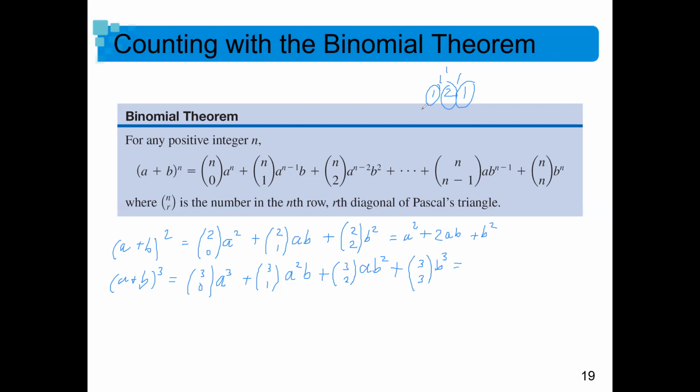And if we just complete the diagonal, 1, 3, 3, 1, so 1 a cubed plus 3 a squared b, plus 3 choose 2 is 3 a b squared, and 3 choose 3 is 1, plus b cubed.